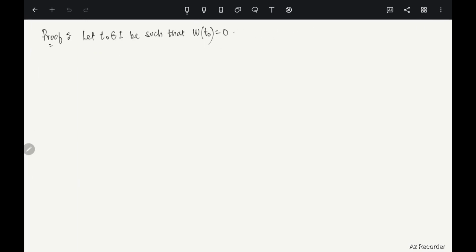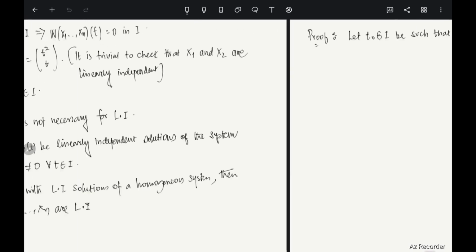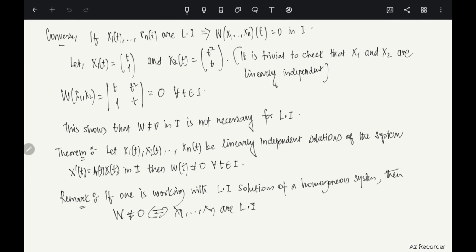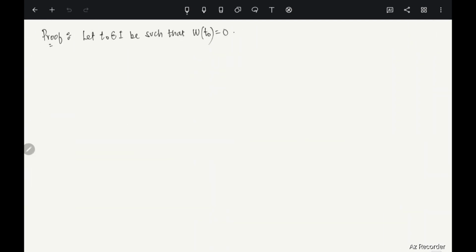Let t naught be in I. What I need to prove is this: if they are linearly independent solutions of some system, not any function but solutions, this is important, then the Wronskian is not 0. So basically, let's start with the point t naught where the Wronskian is 0 and see what happens.